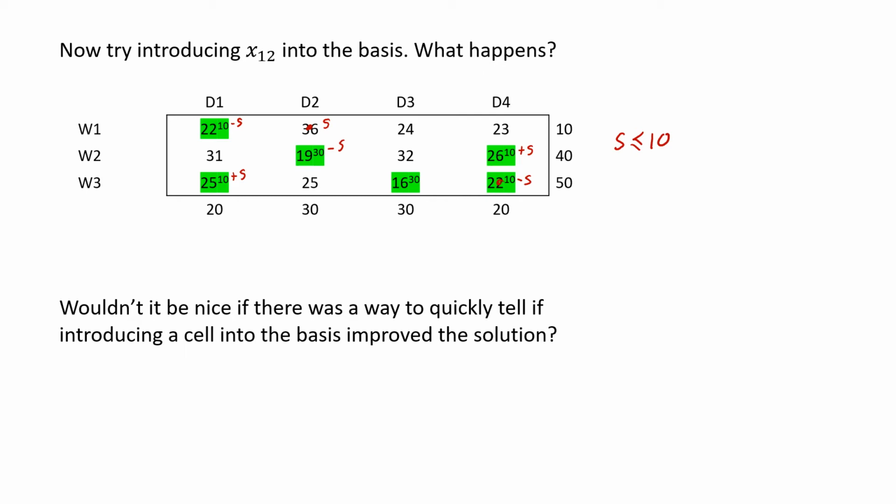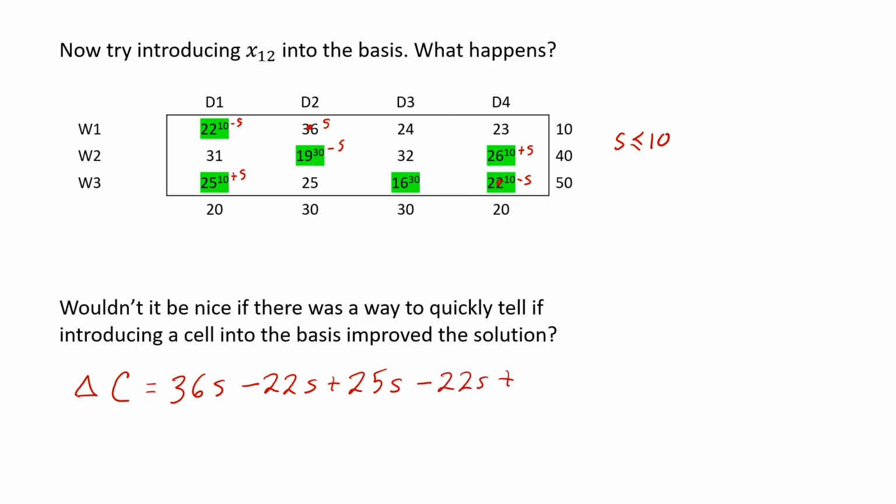Well, as I go around here, my change in costs is equal to everything starting from my 2, 1, or my 1, 2 variable, it adds 36s. My next one to the left saves me 22 for everything that I don't put through there. My next one adds 25s. My third one saves me 22s.